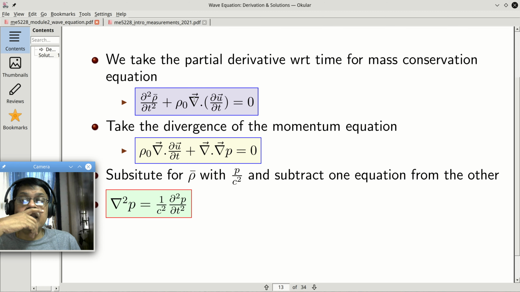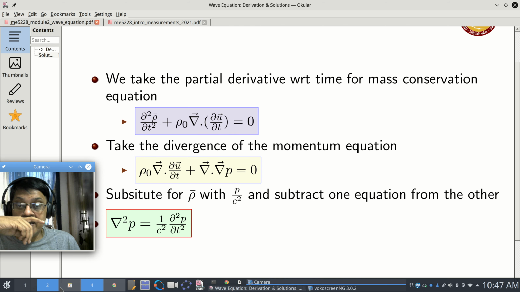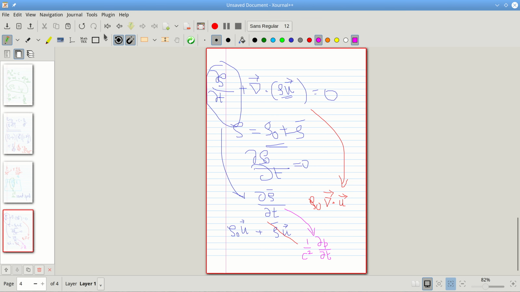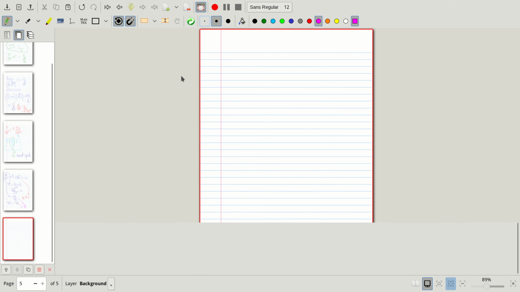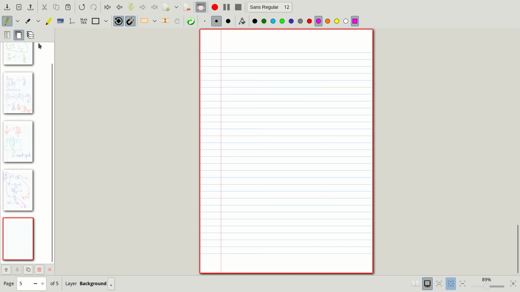So I have two equations, so let's go back. Let me put out a new page here. What we have is the following equations. Mass conservation gives us 1 by c square dou p by dou t plus rho naught del dot u equal to 0.